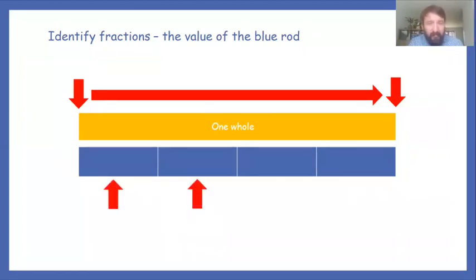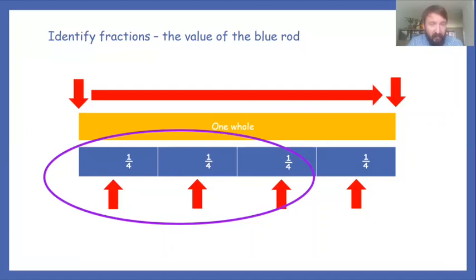Let's have a look. Each red arrow then represents that our blue rod has been split into 4 equal parts. Okay, and that's really important that it is equal parts, and those equal parts represent 1/4. Okay, 1/4 of the blue rod. So 4/4 is going to be equal to our whole, obviously.